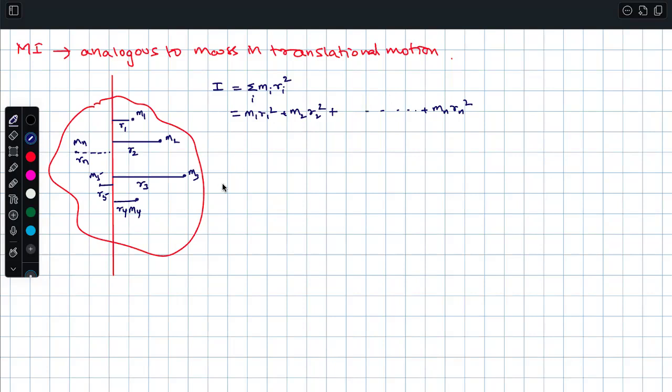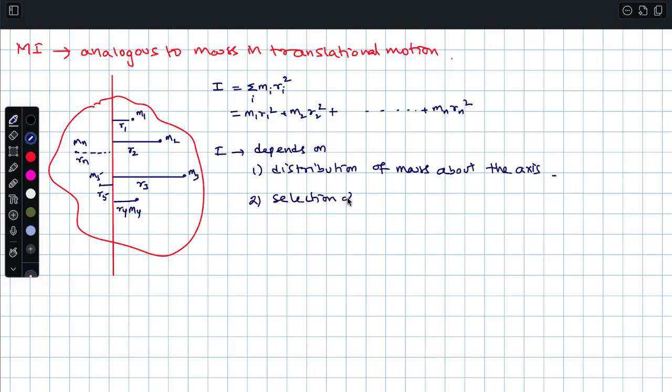Right. Now, moment of inertia depends on, one, the distribution of the mass about the axis, and not only that, the selection of the axis of rotation.